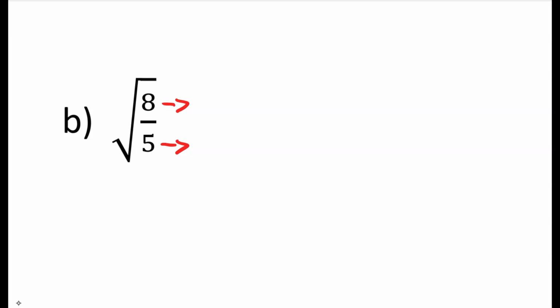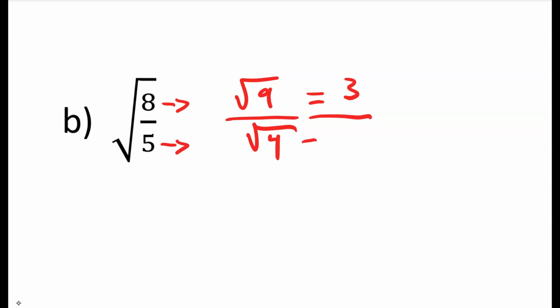The closest one to 8 is root 9, and the closest one to 5 would be root 4, which means root 9 equals 3 and root 4 equals 2.